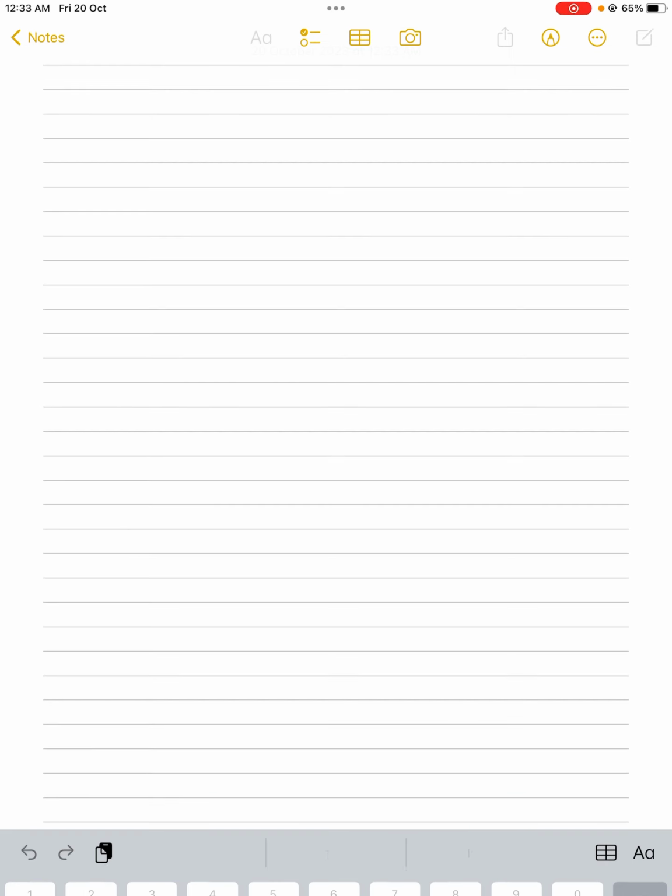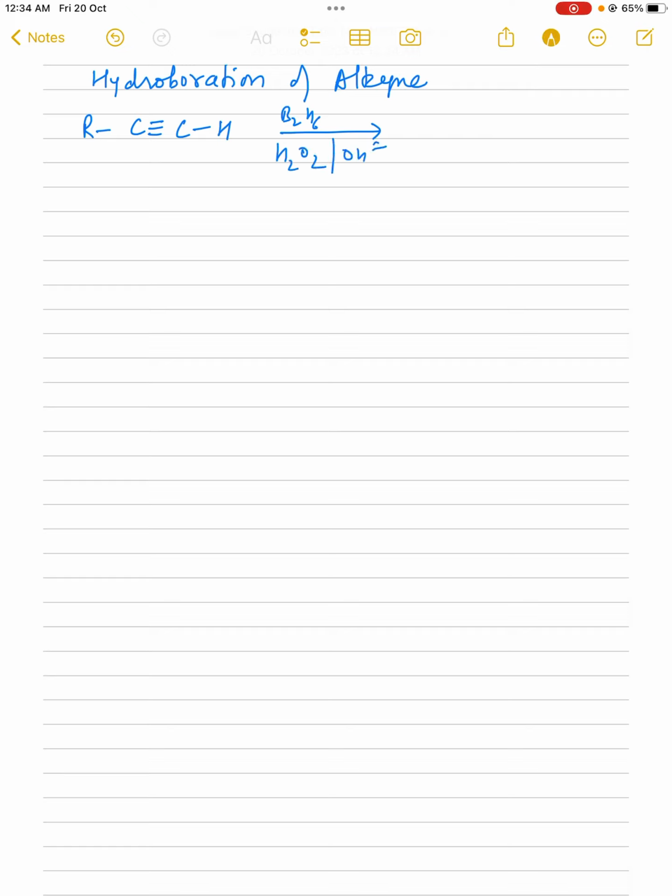Another method is hydroboration of alkyne. Suppose we took this alkyne group RC triple bond CH, and in presence of B2H6 and H2O2, these are the two reagents in presence of hydroxide ion.